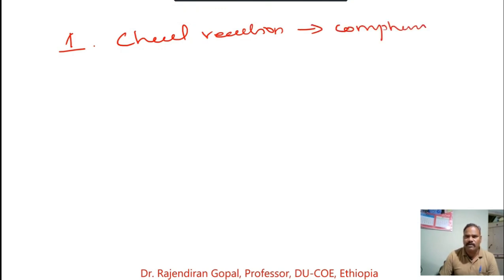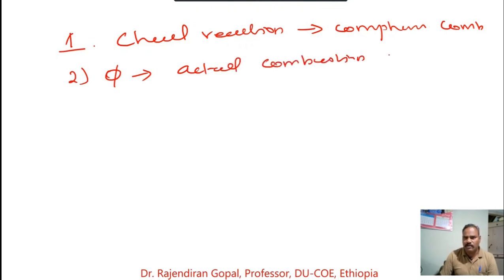So the first step, we have to write the chemical reaction for complete combustion. Second, with the equivalence ratio given, we have to write the actual combustion reaction. And third, we have to write what is given. They gave the calorific value delta H, which means the calorific value at constant pressure.